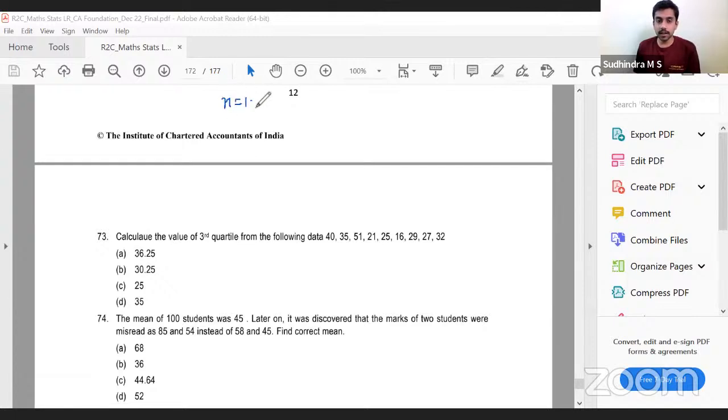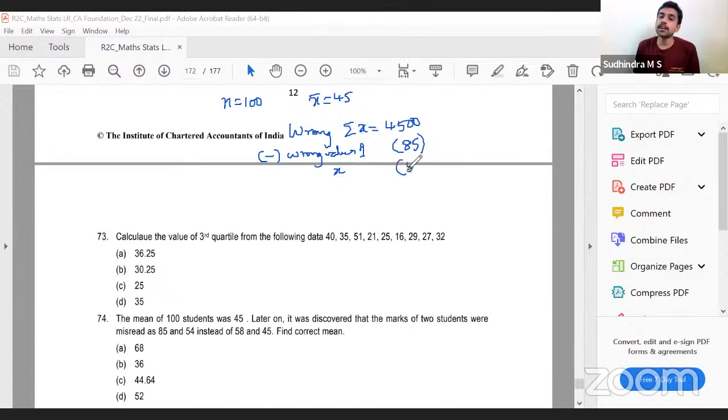N is 100, X bar is 45. So can I say wrong value of summation X is 4,500? 45 into 100. From that, I have to reduce wrong values of X, that is 85 and 54. Add correct values of X. What are the correct values of X? 58 and 45.